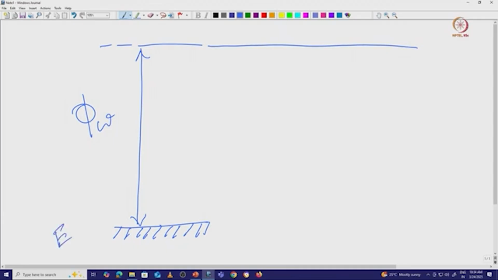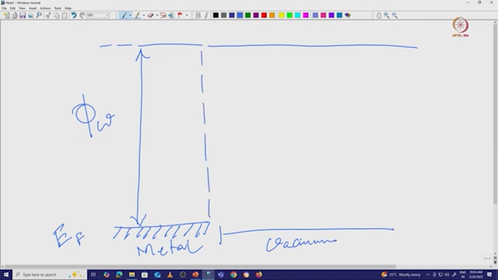So, then electric field, this is the metal, this is called vacuum. Now, we are giving the heat energy to extract that electron. I will just use a different color here, maybe red.